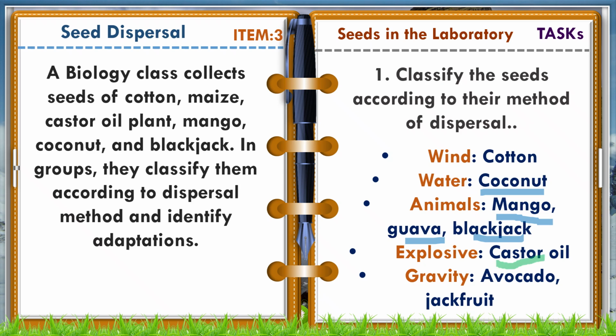Then we have castor oil. This is dispersed by explosive mechanism. And we have avocado and jackfruit. They are dispersed by gravity.